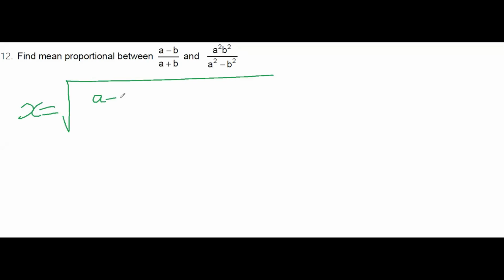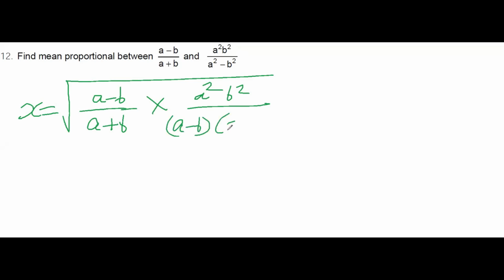So I am going to write a minus b upon a plus b into a square b square upon a square minus b square. a square minus b square, I know the formula: it is a minus b into a plus b. So here I can cancel a minus b and a minus b, and the square root of a square is a, the square root of b square is b, and the square root of a plus b into a plus b is a plus b. So this is the mean proportional of this. Got it?